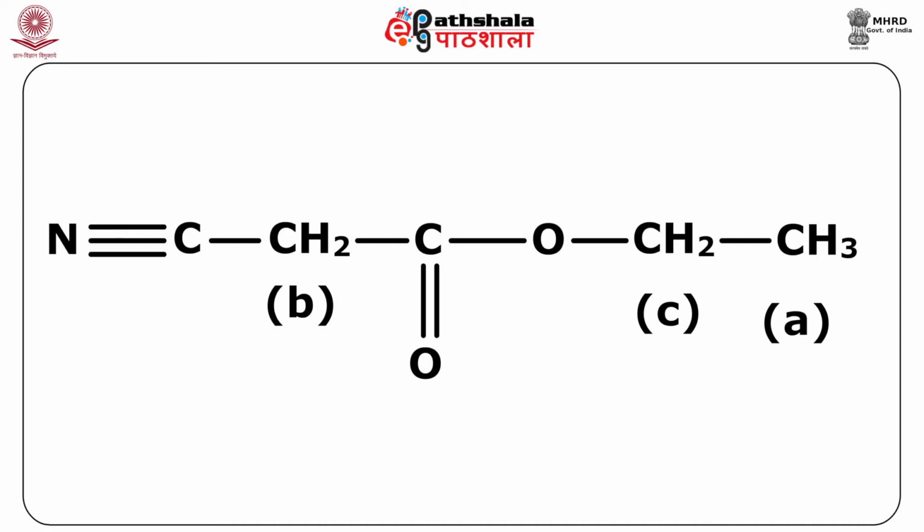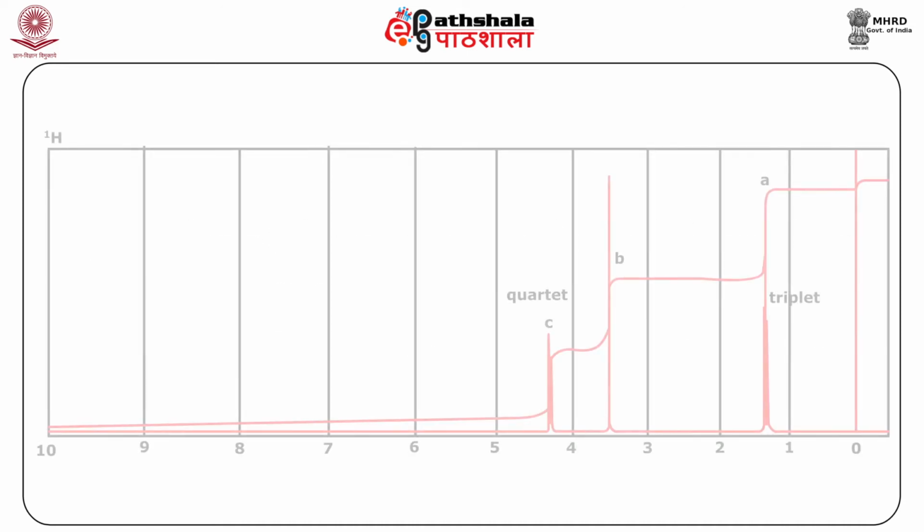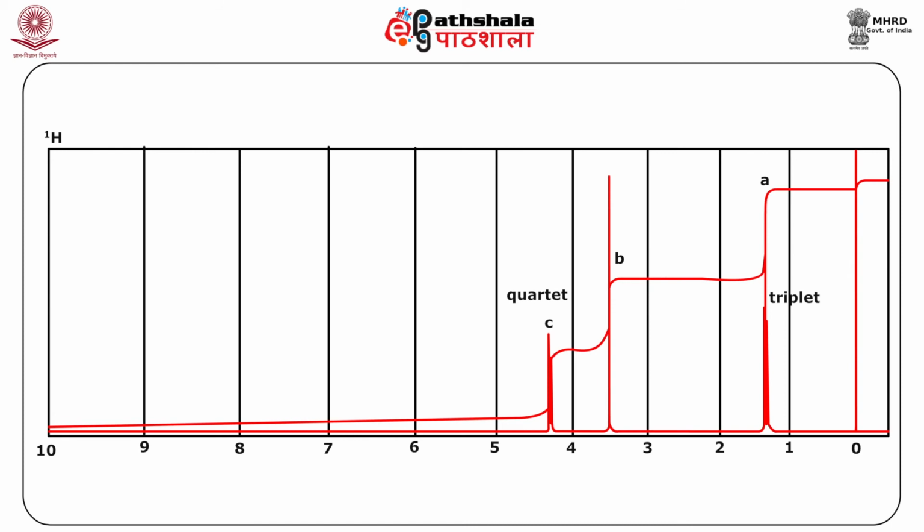There is a cyano group further joined to methylene, then joined to the ester functionality, and then you have a CH2 and CH3. The 1H NMR spectra shows a classic ethyl pattern, that is a quartet for 2 hydrogens at 4.3 ppm and a triplet for 3 hydrogens at 1.3 ppm.